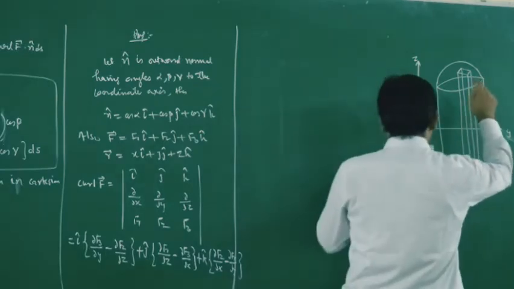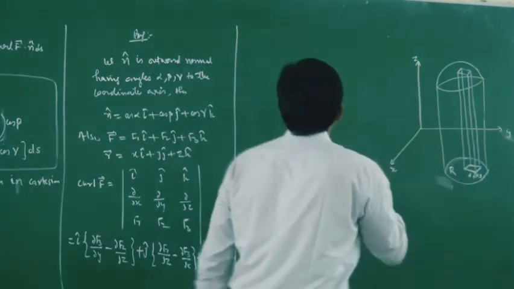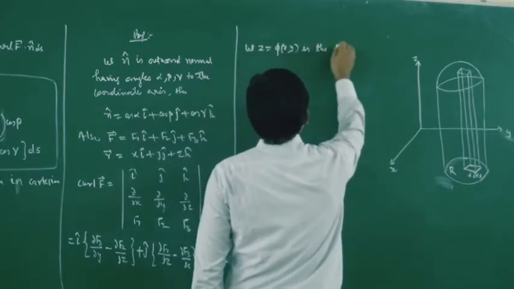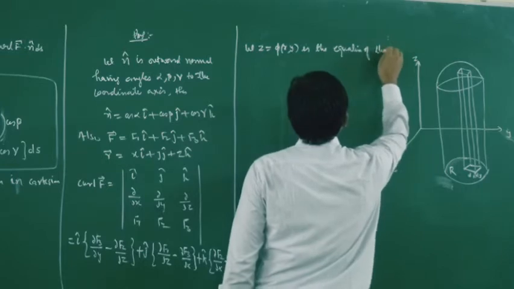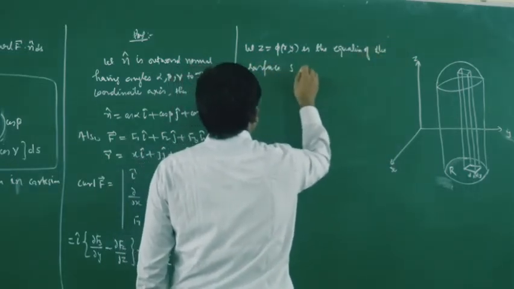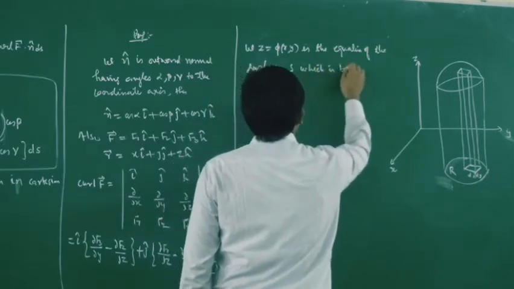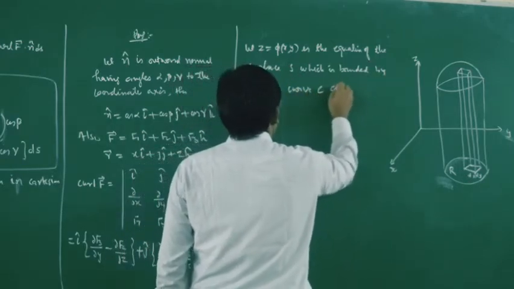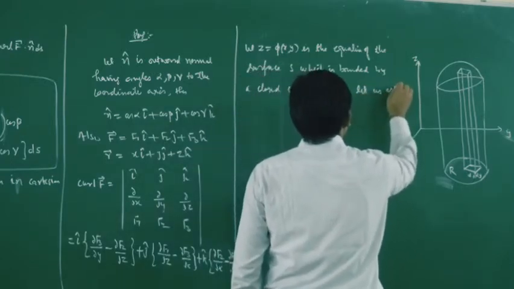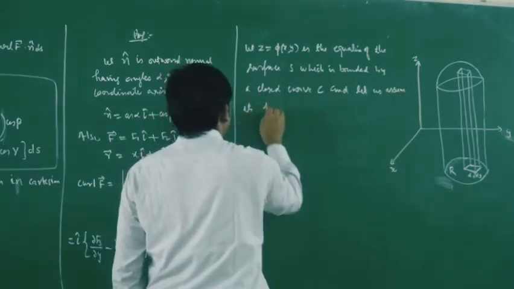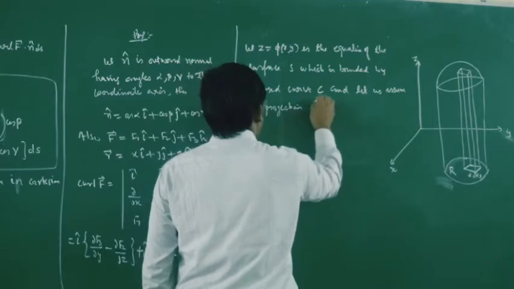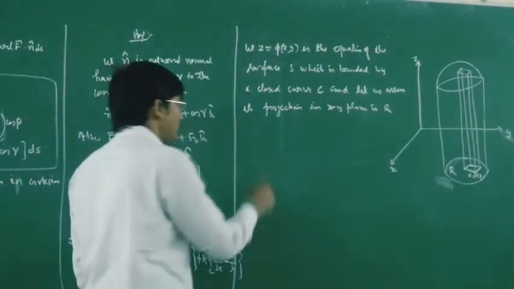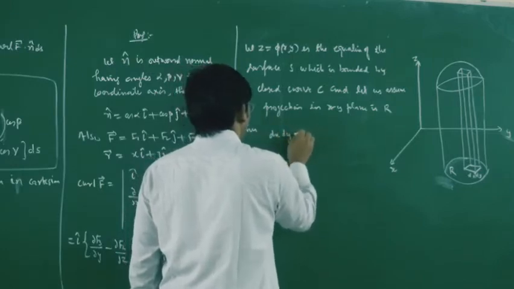Okay, and say this is your y, and suppose that z equal to phi(x, y) is the equation of surface S, which is bounded by a closed curve C, and let us assume its projection in the xy plane is R. Then our dx into dy will be equal to cos gamma into ds.